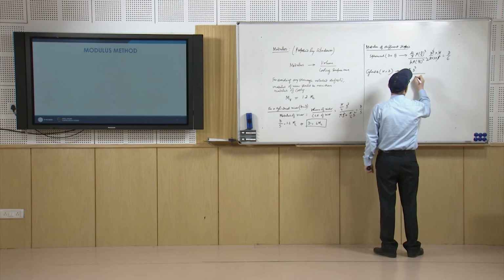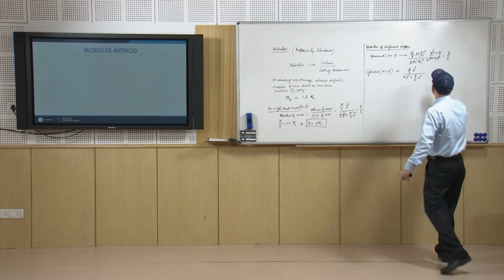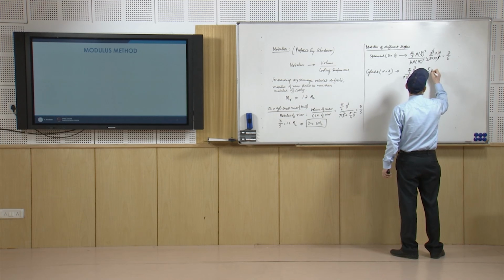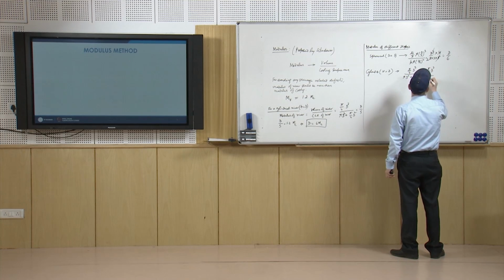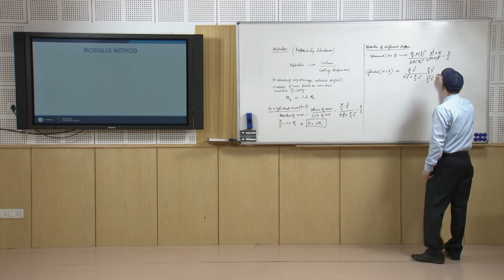So, it will be pi by 2 d square. So, it will be pi by 4 d cube upon 3 pi by 2 d square. So, it is 6 pi by 4 d square. So, it will be d by 6.